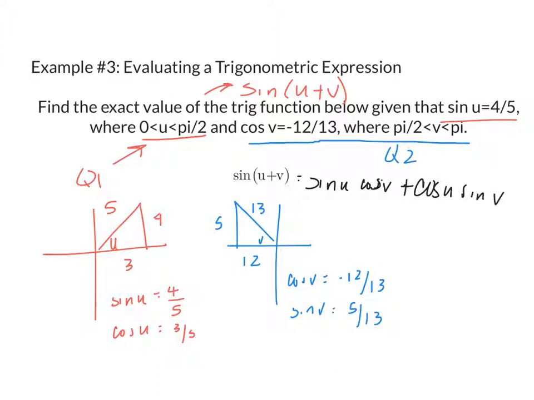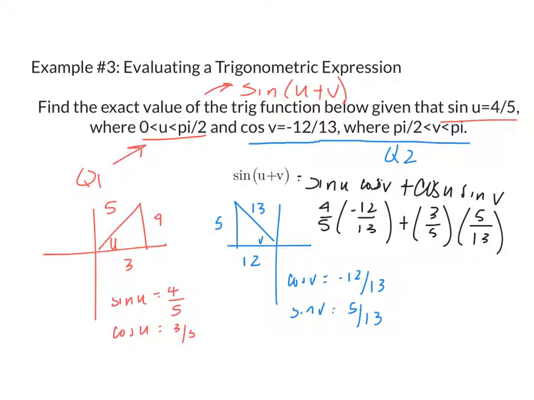Okay, sine u is 4/5, and we're going to multiply that times cosine v, which is negative 12/13, plus cosine u is 3/5, times sine v, which is 5/13.